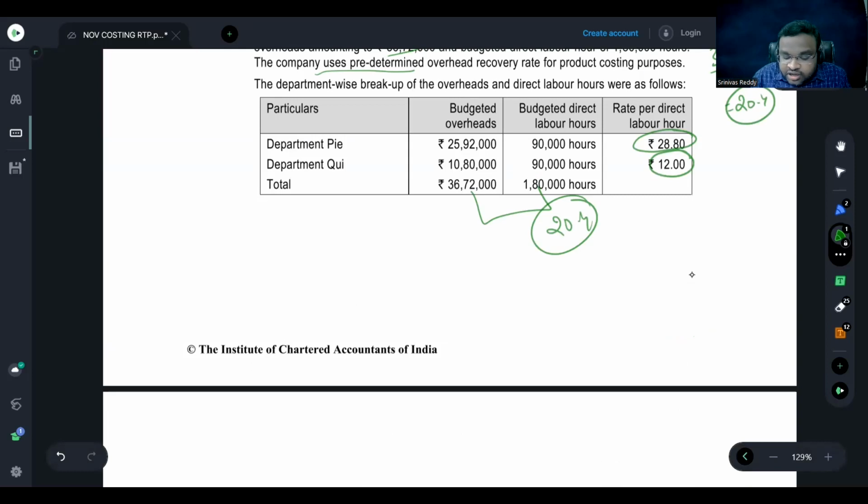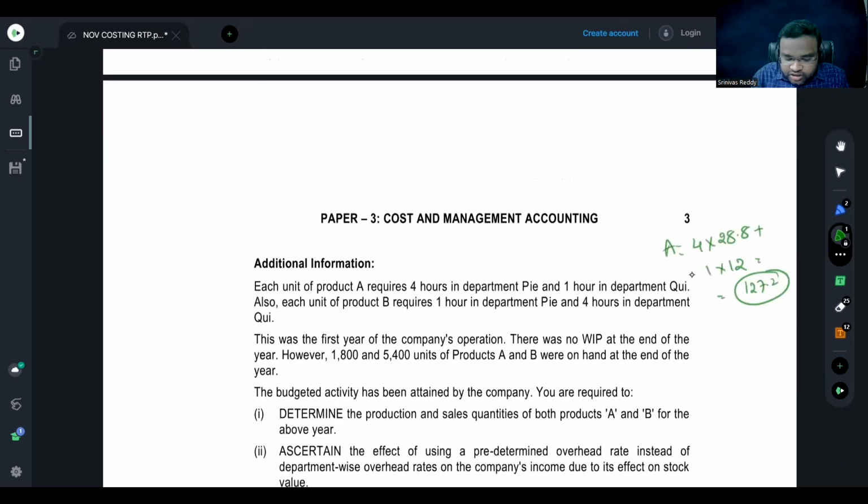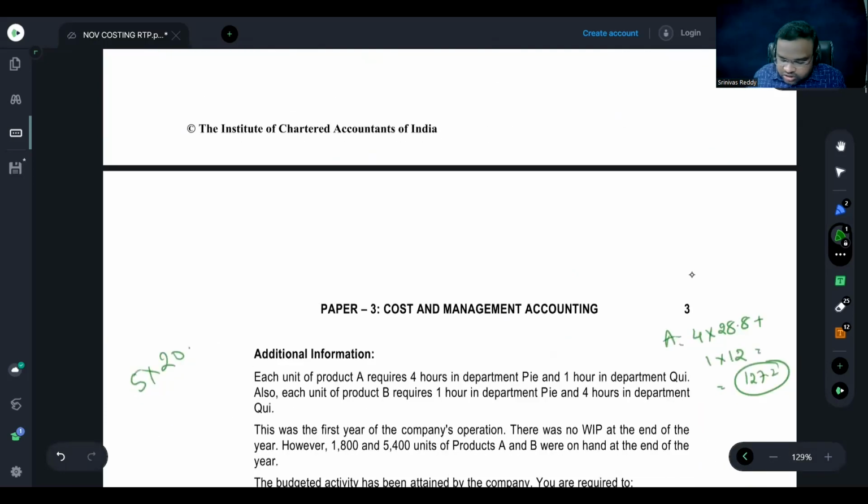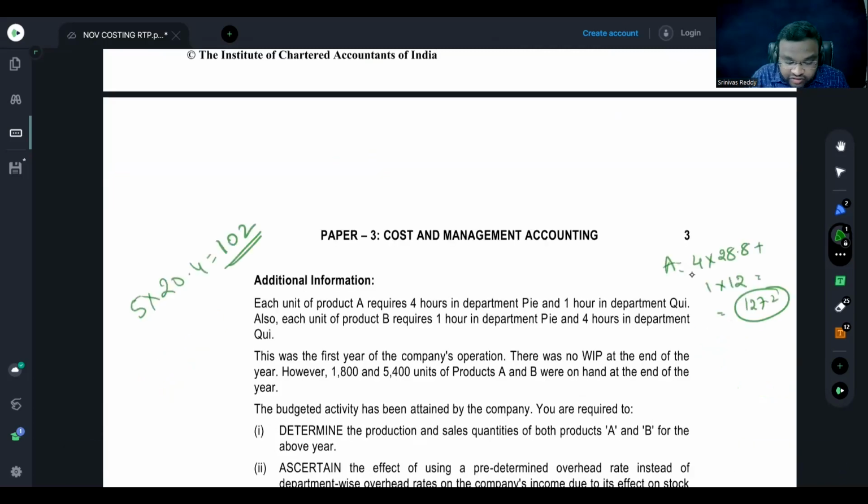Either it could be P hours or Q hours, it is 5 hours into 20.4, which is 102. Also, see here carefully. If I go with a single overhead recovery rate, I would charge A 102. If I go with the department rate, I would charge 127.2. This is underpricing in the case of unit A.